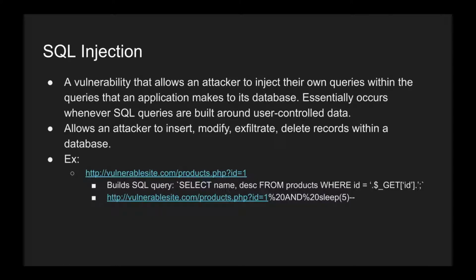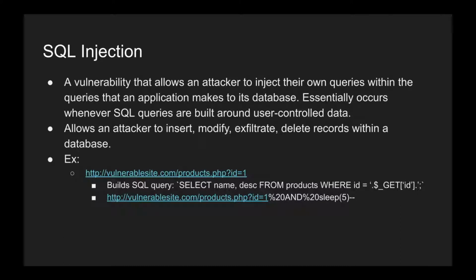For example, say you have this site, vulnerablesite.com, and you have this products.php file, and you specify a product ID, and it responds with the name and description of the product. Visualize in the backend that it's building a SQL query that is literally just SELECT name, description FROM products WHERE id is, and then our user-controlled ID.